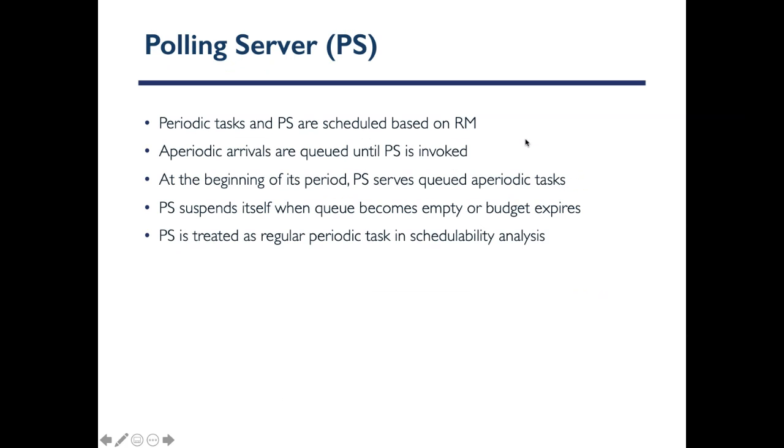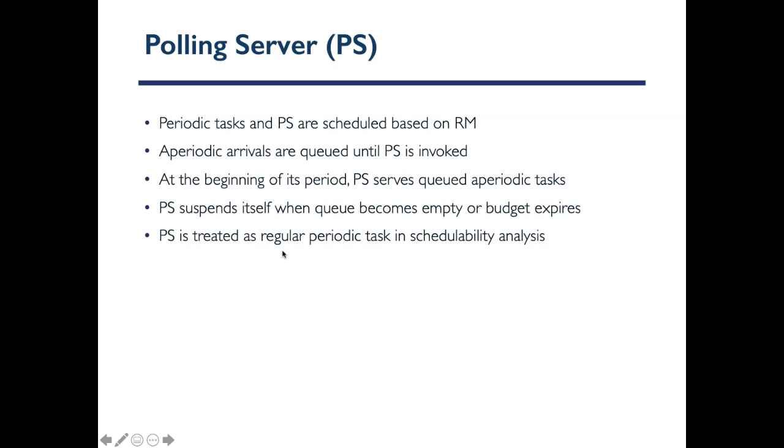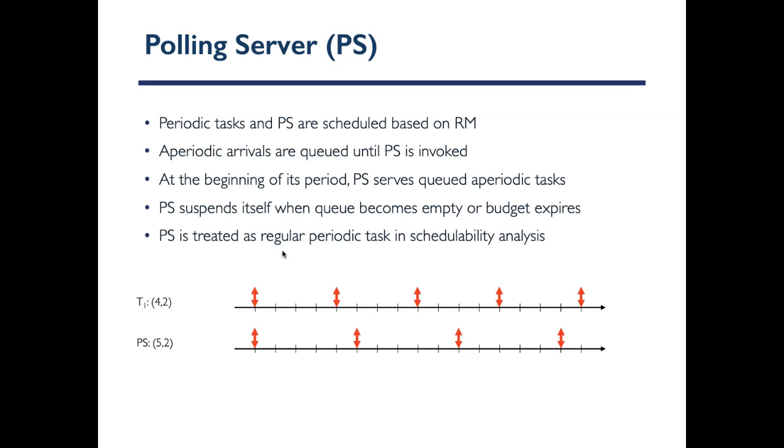Okay. Now, how do we implement this server? It depends. So there are different ways to implement this server. And that would have something to do with the budget and the period. So the first one that we consider is called polling server. So basically what it does, I'm going to show it in a figure here.